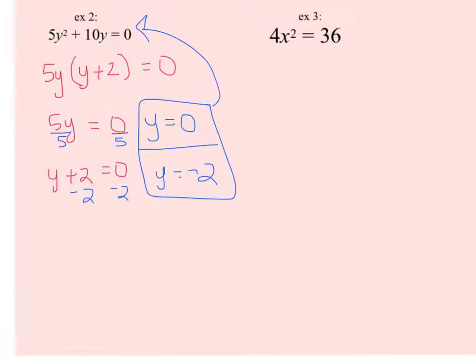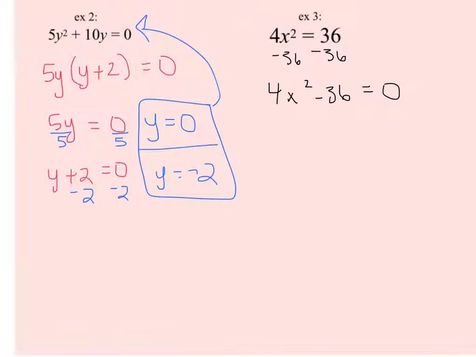Now let's look at example 3. Remember, we don't have a 36 product property, so what I need to do first is use inverse operations to isolate the expression and get that expression set equal to 0. So then I have 4x squared minus 36 equals 0. As always, we're going to double check for GCFs and special factor patterns first.